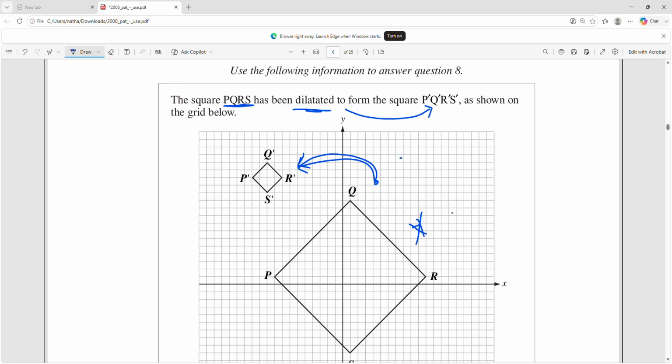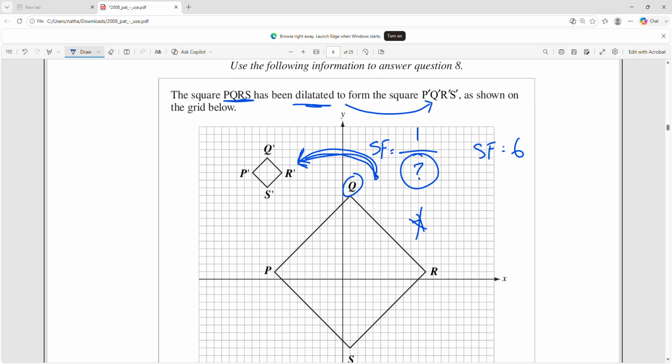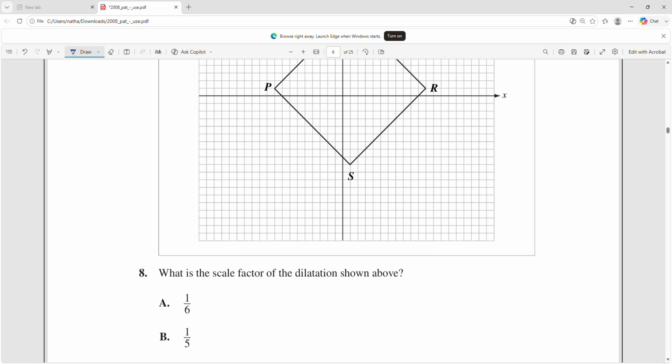So remember, if something gets smaller, my scale factor should always be something less than 1. So something like 1 over something, right? If my scale factor is something like 6, that means the object is getting bigger. Okay, so in this case, we're going from Q to Q prime, or PQRS to P prime Q prime R prime S prime. We should have a fraction for our scale factor.